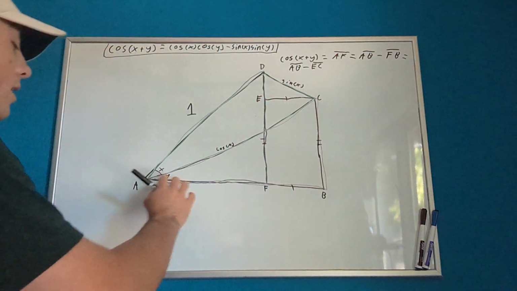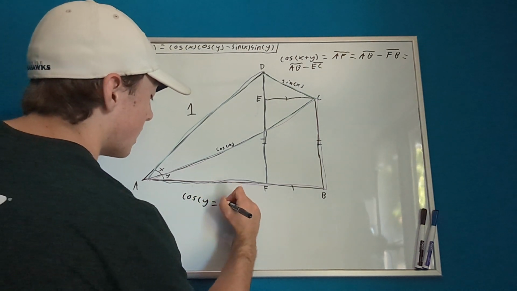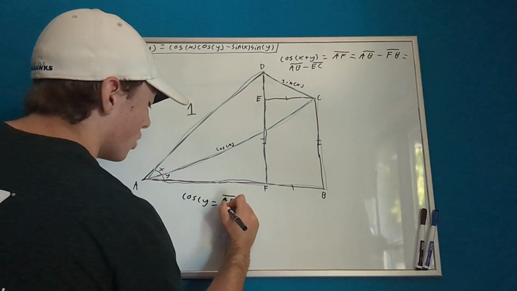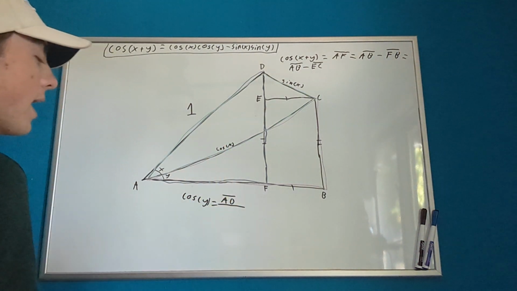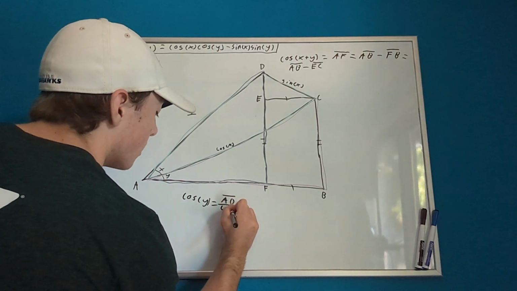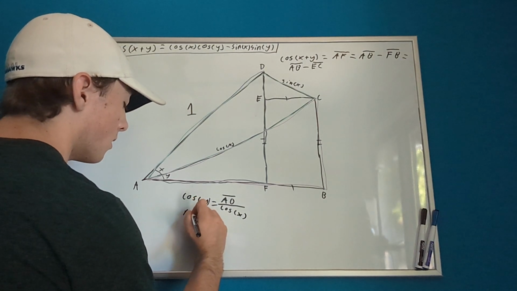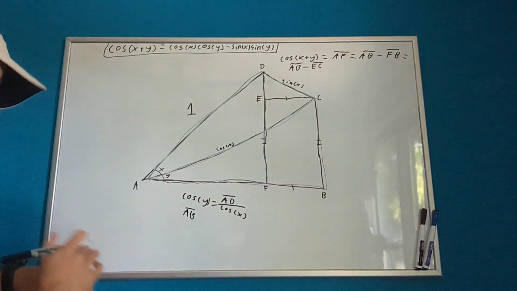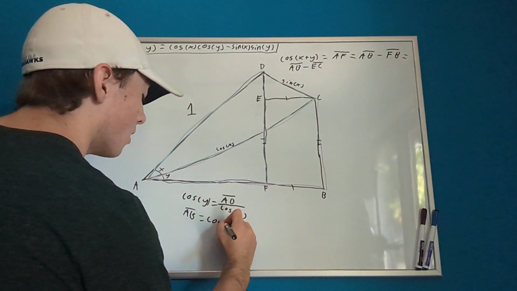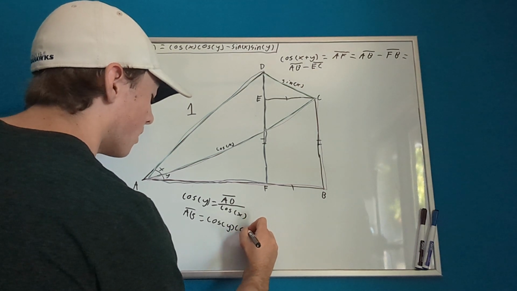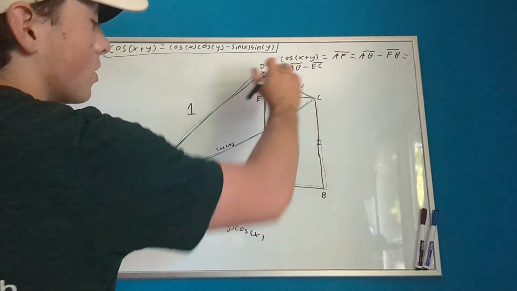So cosine of y equals line segment AB over the hypotenuse, which in this case is cosine of x. We can multiply both sides by cosine of x, and line segment AB equals cosine of y times cosine of x. So we've already figured out one of the two.